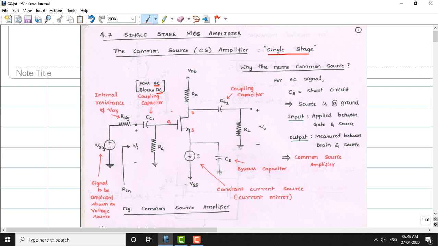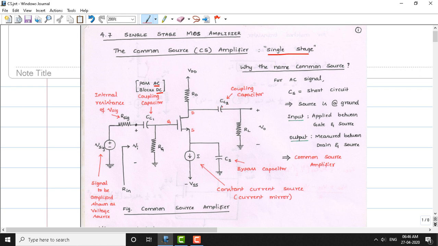The transistor does the amplifying action here, and we can see the amplified signal appears at the drain of the MOSFET. The AC and DC signals both appear here, but to filter them, the DC is blocked through the usage of a capacitor called CC2. CC2 is another coupling capacitor.